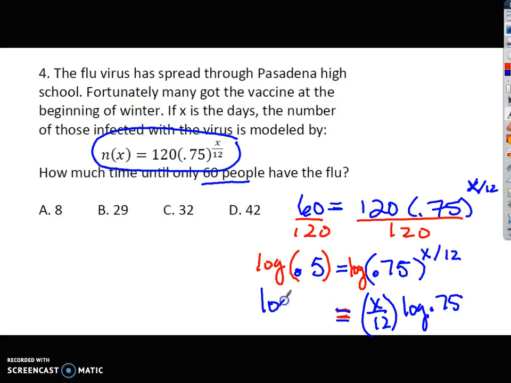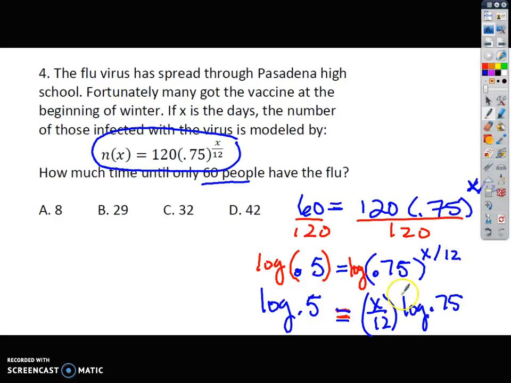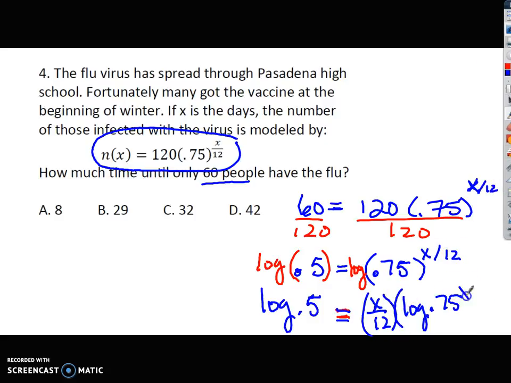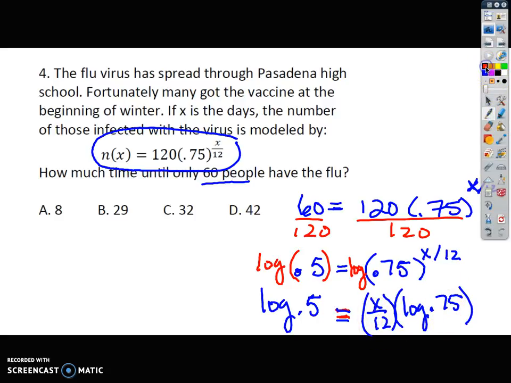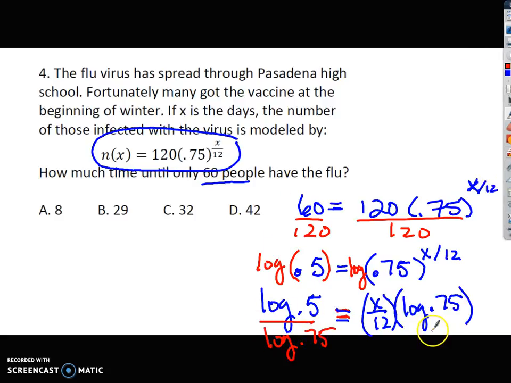And then over here we have log of 0.5. We can imagine the parentheses over here. If I want x over 12 by itself, I can divide both sides by log of 0.75.